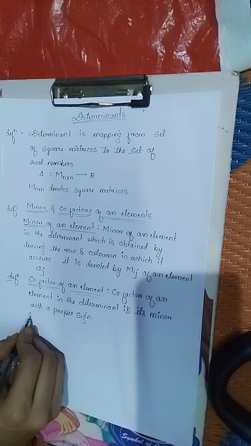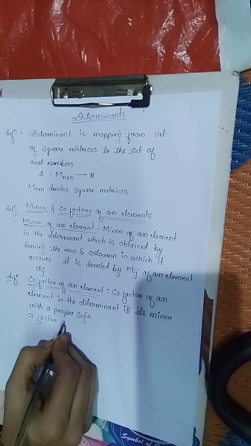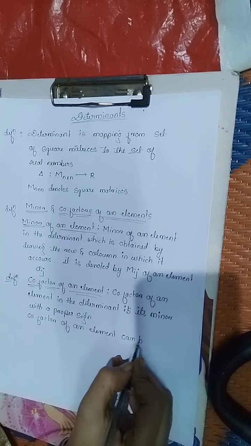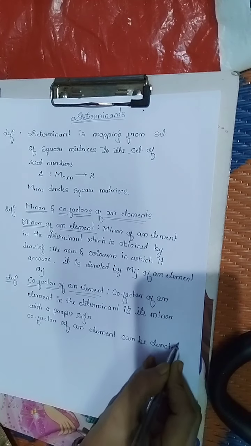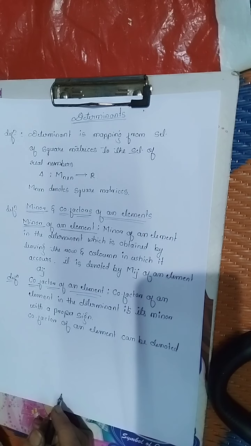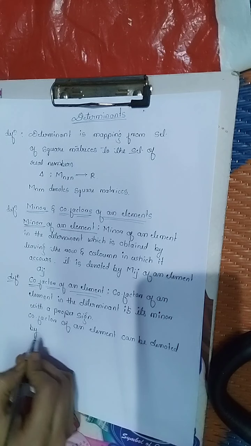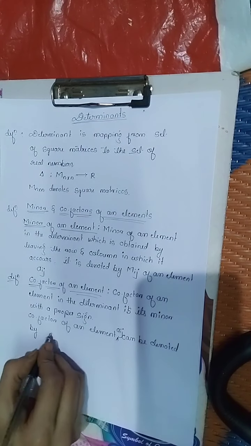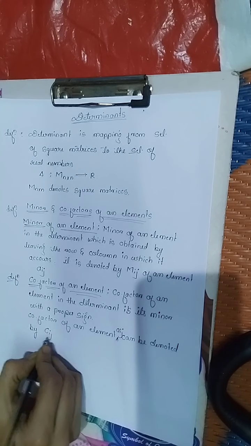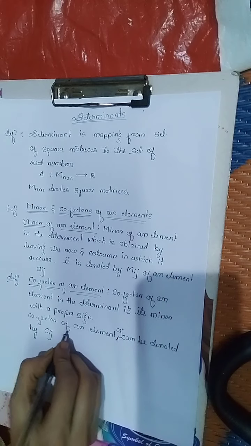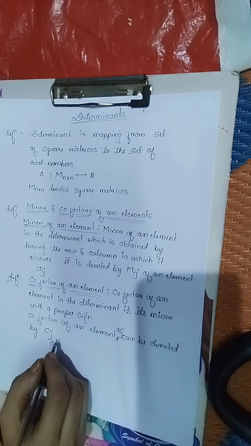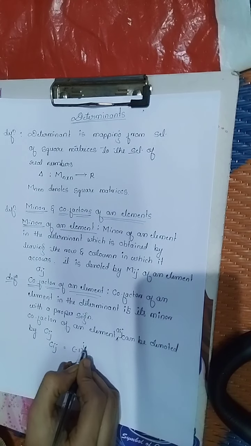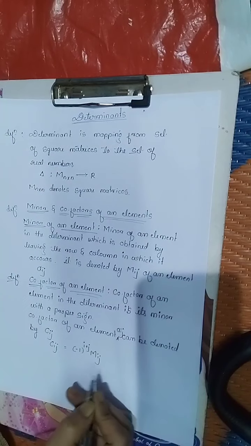The cofactor of an element Aij is denoted by Cij, and it is written symbolically as Cij equals minus 1 to the power i plus j times Mij.